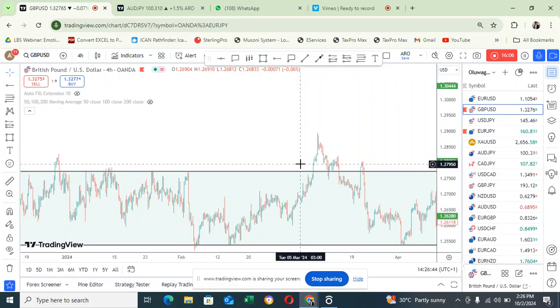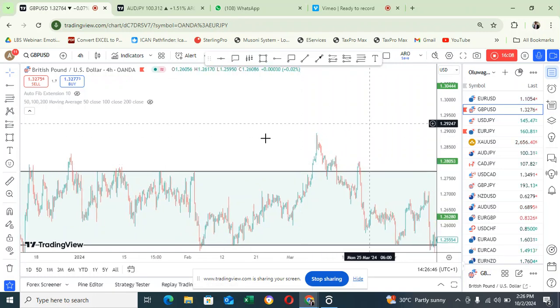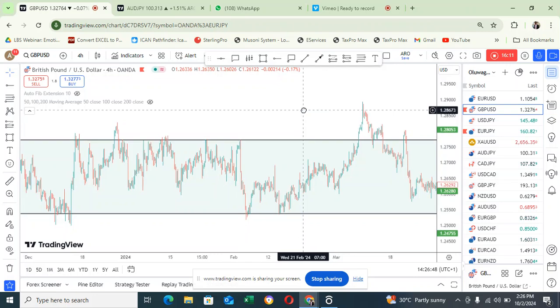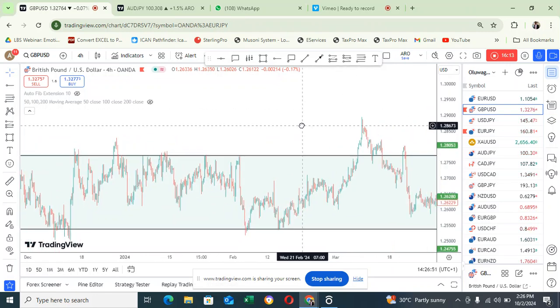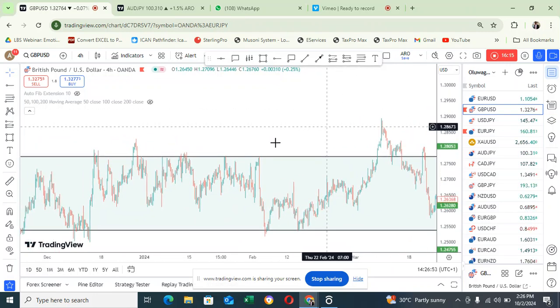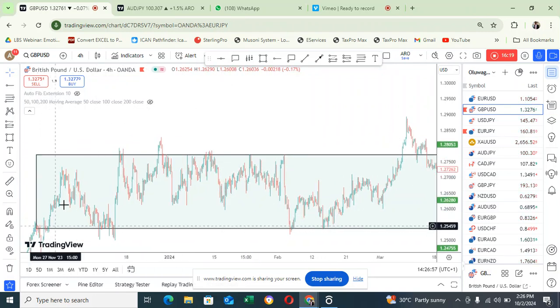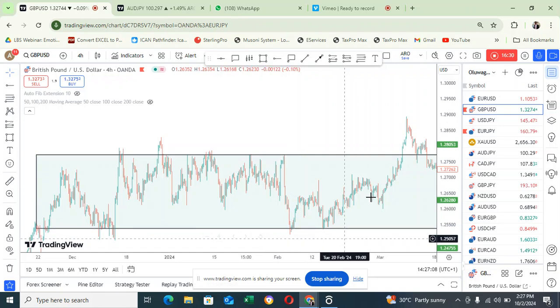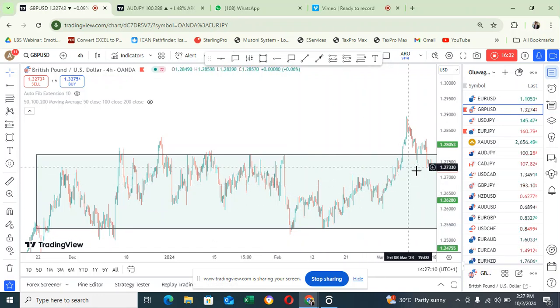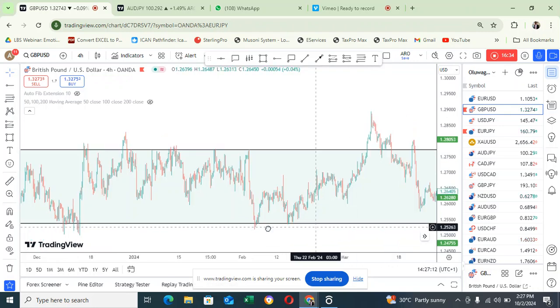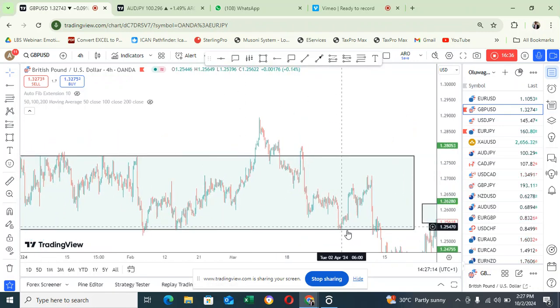As you can see the movement of the chart here, there are series of up movement and down movement. The market moved in this direction back to the low, moved up, was ranging here, then went back to this low, moved up, broke the structure and came back to this particular low.